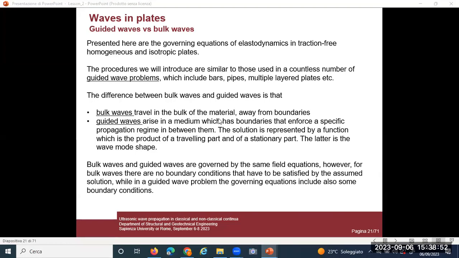Again, bulk waves and guided waves are governed by exactly the same field equation. But for guided waves, you've got to add the boundary conditions. So you can imagine that in the case of guided waves, you no longer have just one eigenvalue problem.